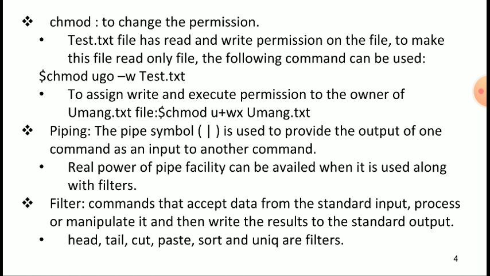To assign write and execute permission to the owner of the umang.txt file, the command is chmod u+wx, that means write and execute permissions, plus means add permissions.